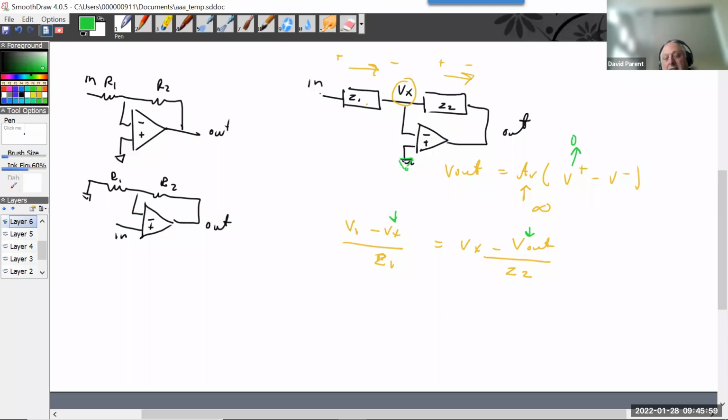And so an ideal ground will set whatever it touches to 0 volts. All right. And then here is actually Vx. So V out actually equals minus AV, which will eventually go to infinity, times Vx, right?